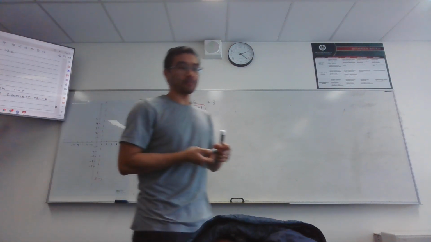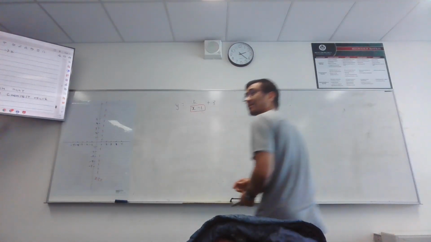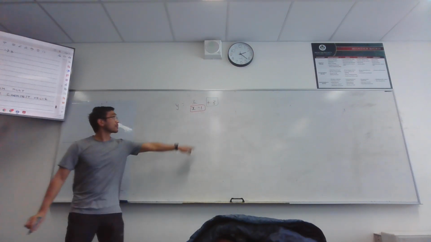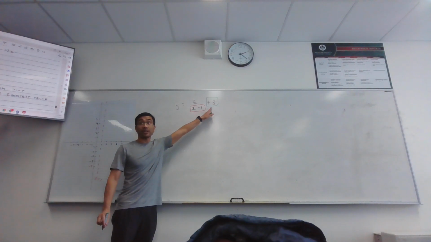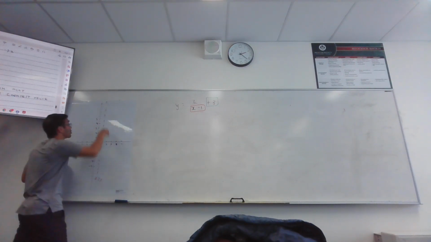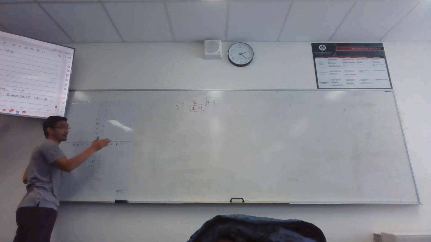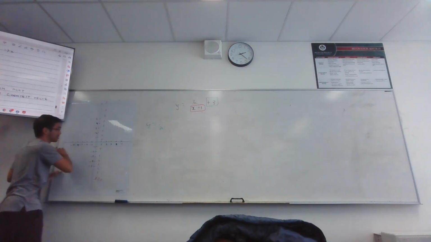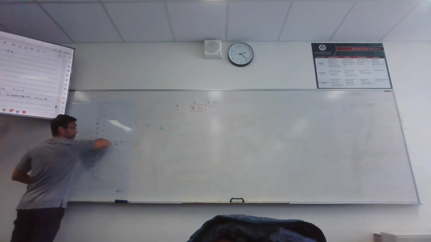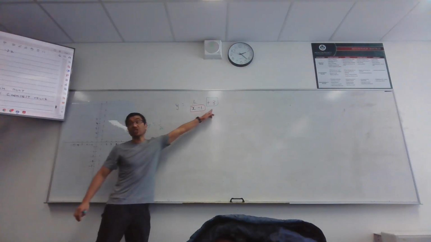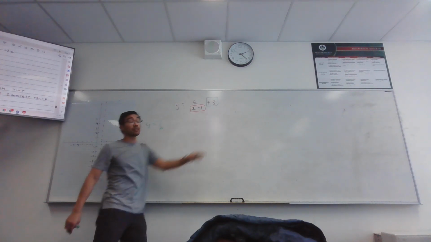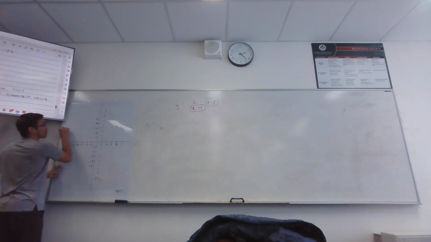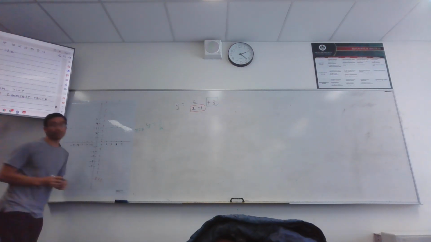The other asymptote is y equals 3. A normal y equals 1 on x goes like this, which means there's an asymptote at 0. We're just shifting that asymptote up by 3. So you look for 3, and that's your second asymptote right there.